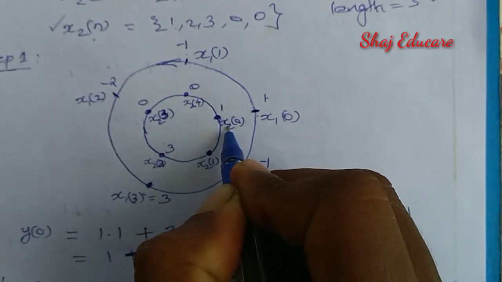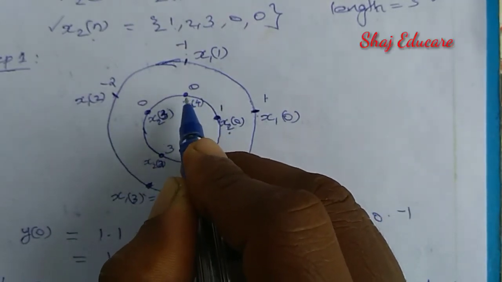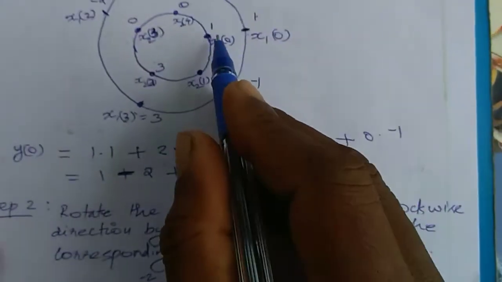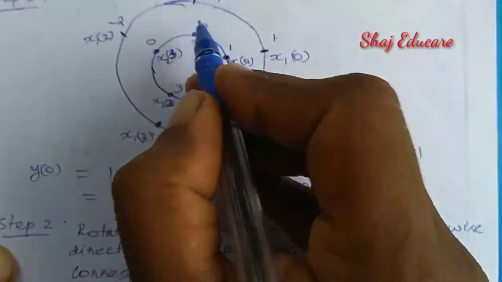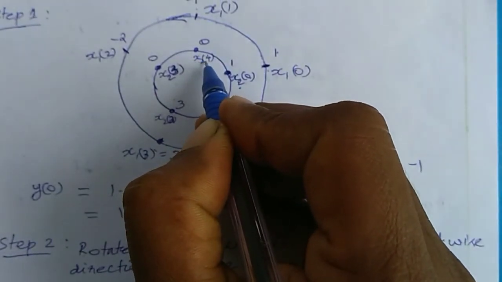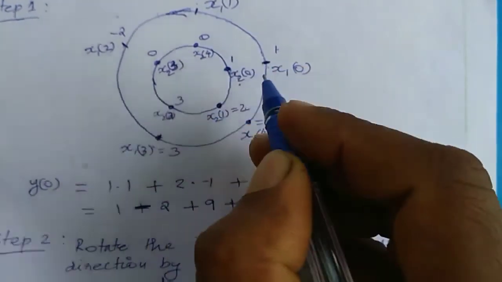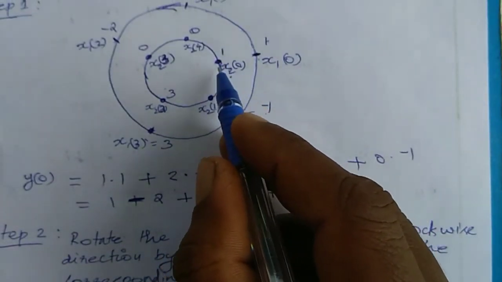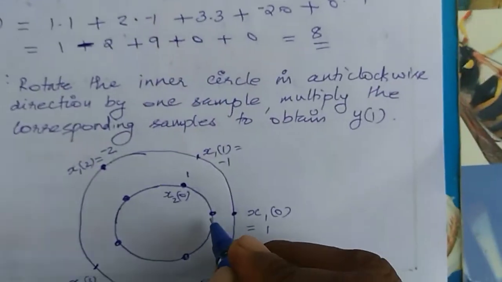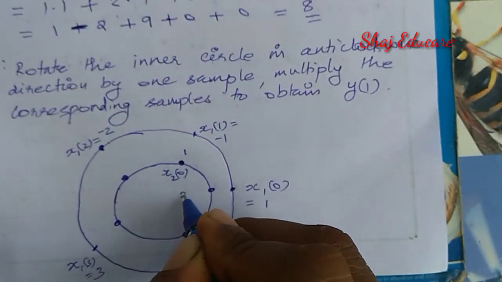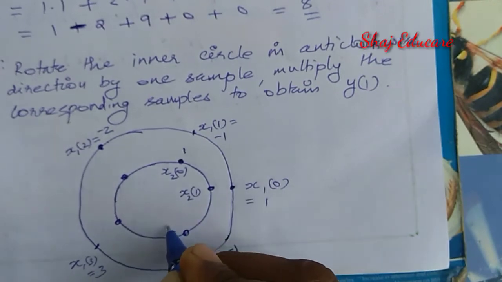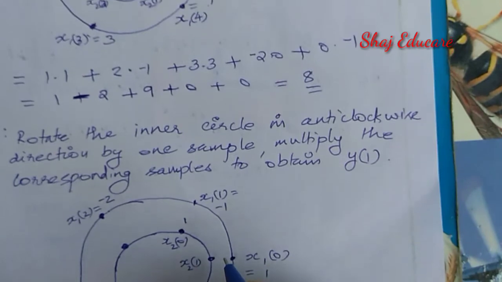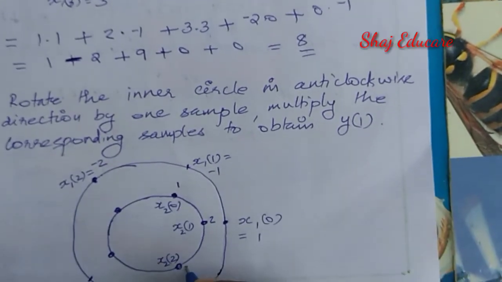So this x2 of 0 should go to this side, that is equal to 1, and then x2 of 1 should go to this side, means this one should be x2 of 1 and this should be x2 of 2, and the corresponding values are 2 and 3.